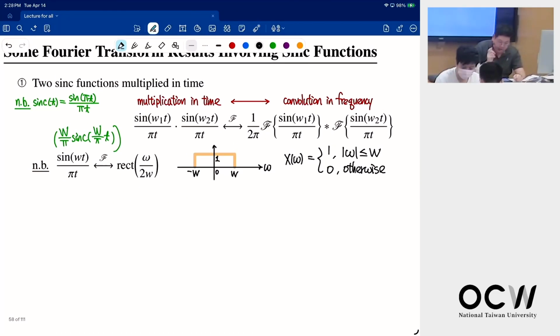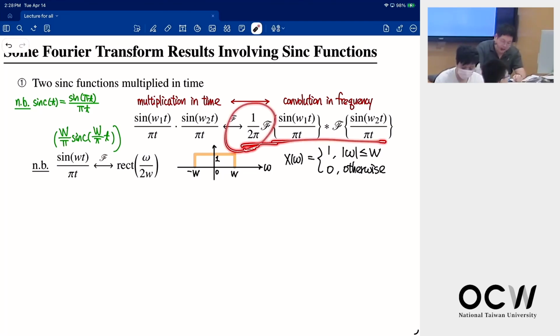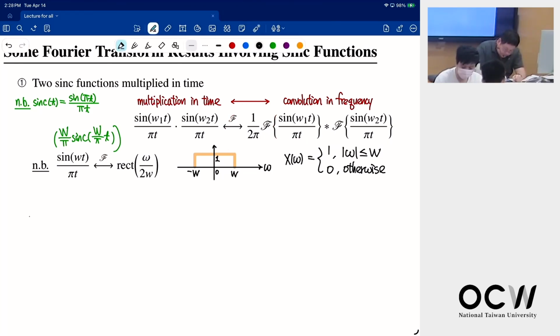So if I do the convolution times 1 over 2 pi, so there'll be 1 over 2 pi times, for the first one, W1 t, so my width will be 2W1. Here's omega.